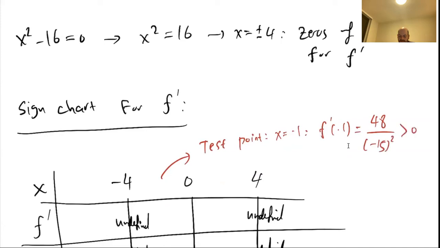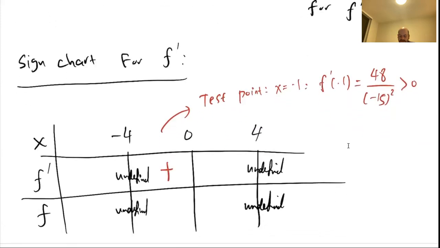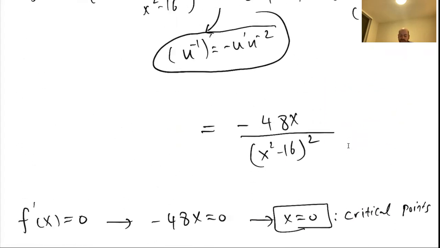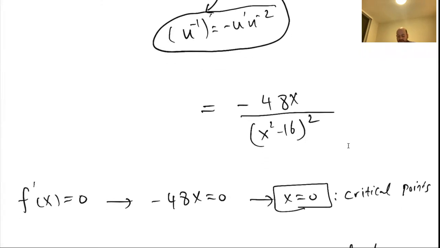This is positive. So positive here, negative here, 0 is a simple root. But at 4 and -4, we would not have any sign change because of the power 2 here. Basically this can be written as x minus 4 times x plus 4, right? But then there's a power 2, so x minus 4 squared times x plus 4 the whole squared.